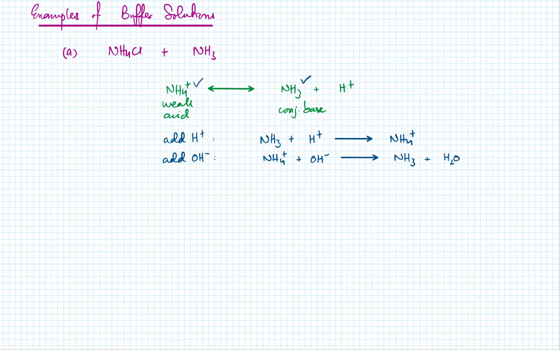यस सर। So let's do another one. Let's say I have another buffer. So I've got a mixture of, let's do an easy one first, propanoic acid, C2H5COOH, and I've mixed it with the conjugate base as well, C2H5COO minus.